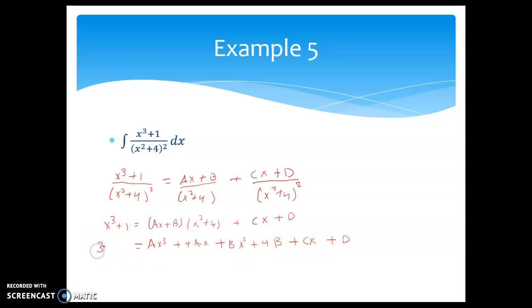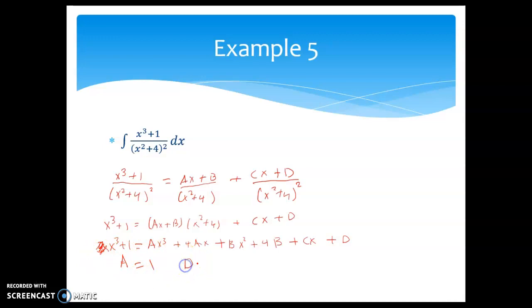So here I have x cubed plus 1. I'm going to say a is equal to 1, because ax cubed must be equal to x cubed here. That means a is equal to 1.